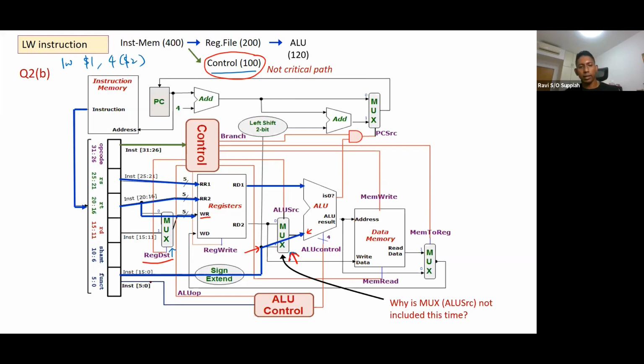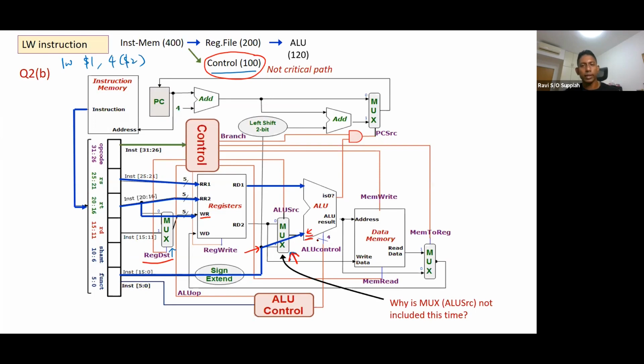So this second pathway for the immediate value is going to be much faster. So the second ALU input over here is going to be ready ahead of RD1 appearing on the ALU.